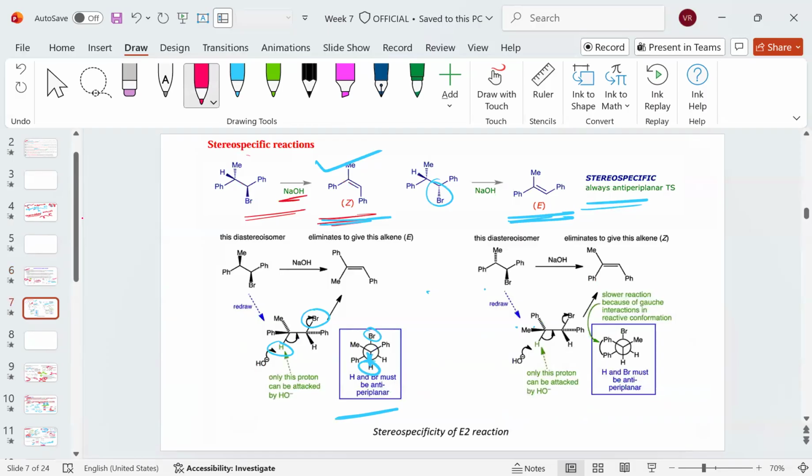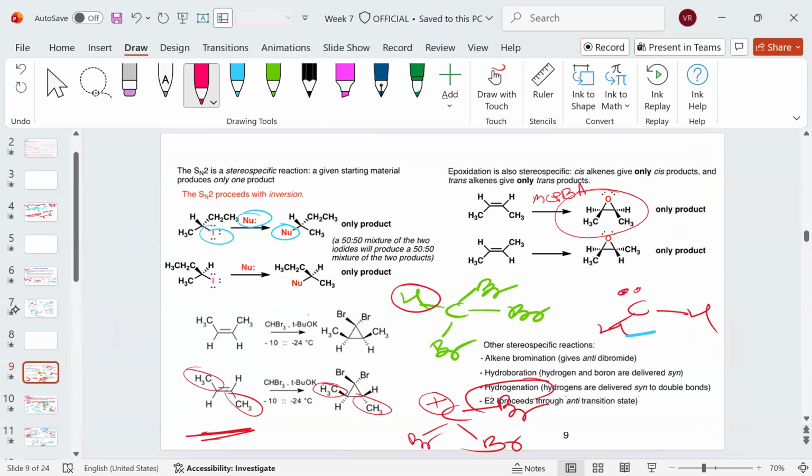And also in stereospecific reactions, we have seen the formation of diastereomers, so diastereoselectivity as well as diastereospecific reactions. When more than one chiral center is being created, that reaction is a diastereoselective reaction.